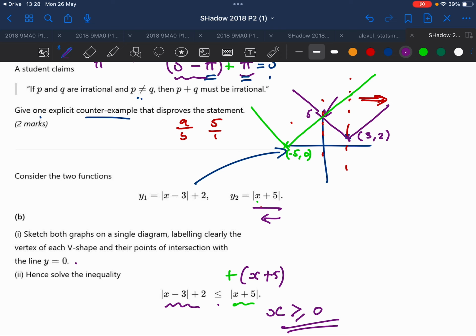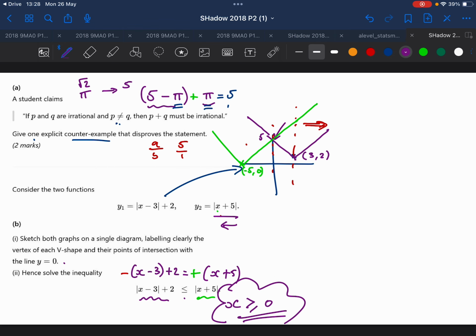And at this point, the purple is going down, so it's the negative case of this modulus, okay, plus 2. And I might even just solve them equal. So you could work with something like that to begin with, and that will give you your key values more generally. But in this case, the sketch just did that one for us. So there we go. That's our question number 3.